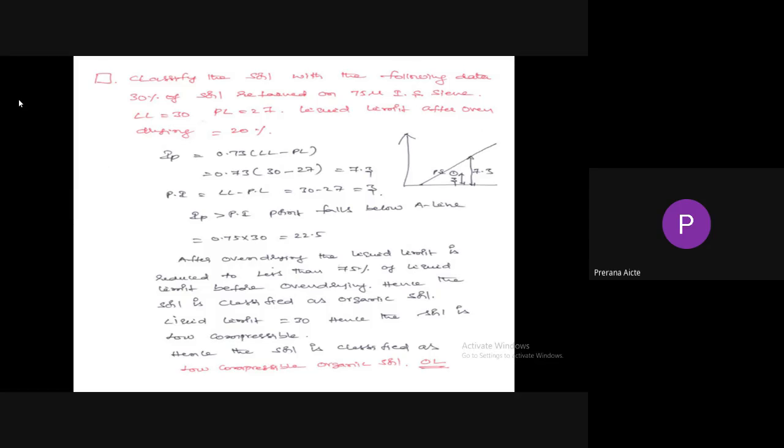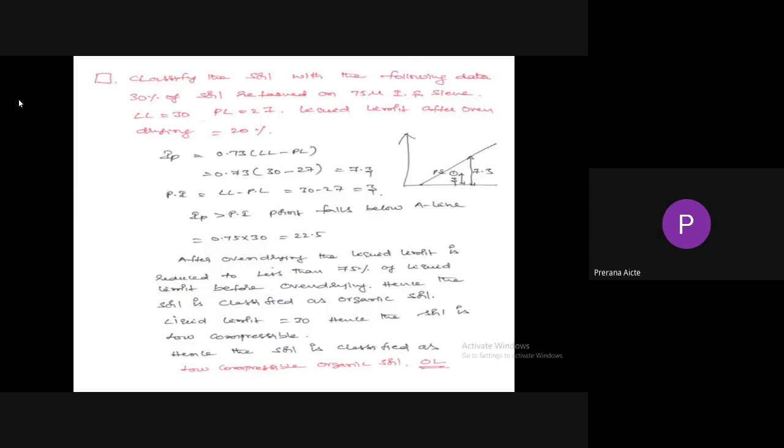Now we need to differentiate whether it is organic soil or silty soil. So 75% of initial liquid limit equal to 22.5. But after oven drying, liquid limit equal to 20%. Generally, if after oven drying the liquid limit is more than 22.5, it is called inorganic silt.